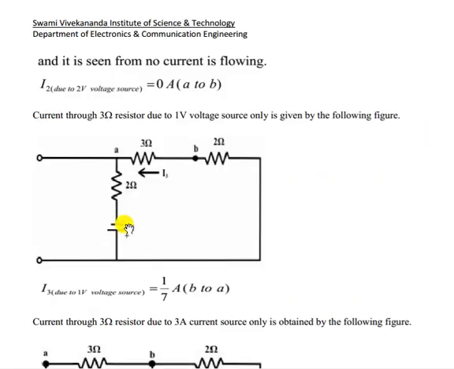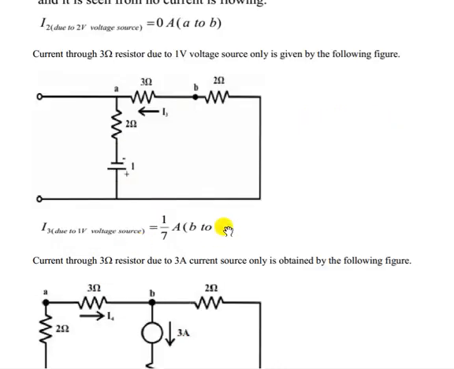So here it is open, short, short. Now here the current is flowing. What is the value? That is 1 divided by total resistance, that is 7. And this current is actually flowing B to A. Why? Because this is the positive terminal here, so current is flowing in this direction, anti-clockwise. So this should be considered as negative.